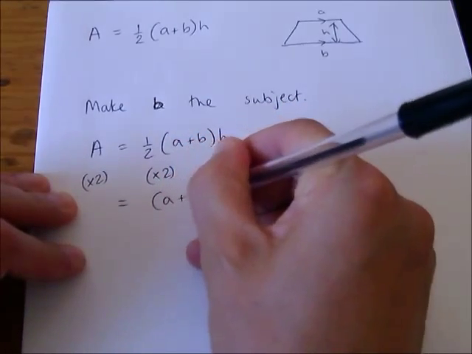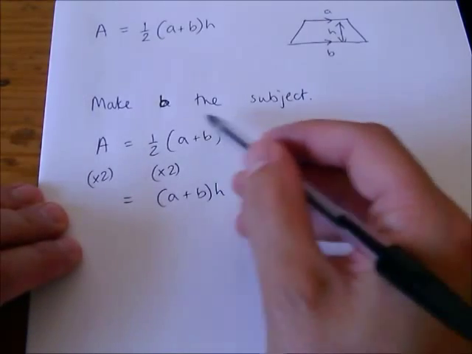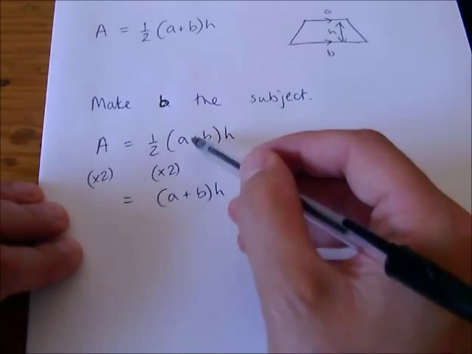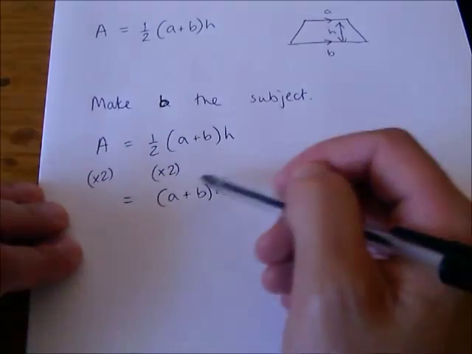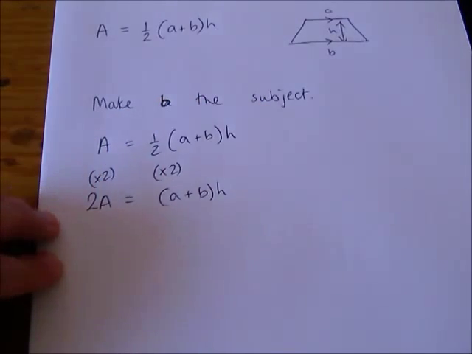Guess what? I don't have a half of it anymore, I've just got the whole thing. So half of (a plus b)h, just think of that as one thing, one number, half of it, times it by 2, I get the whole thing. And a times 2 is 2a.